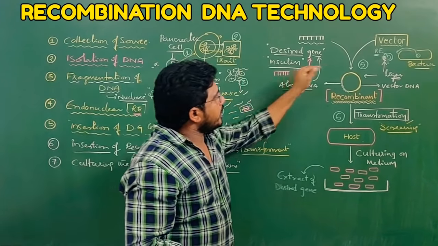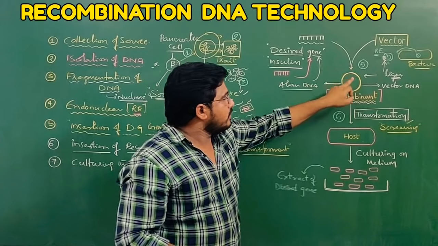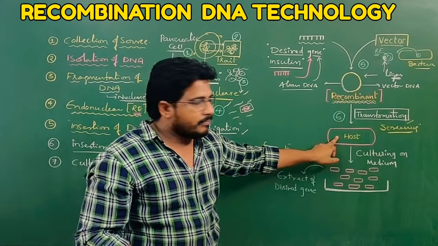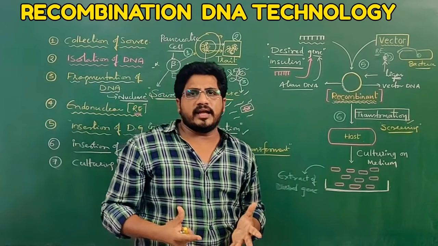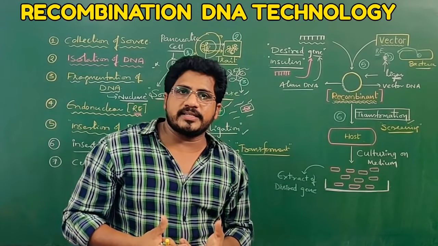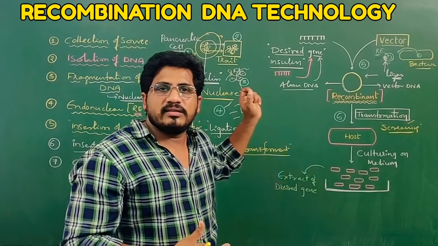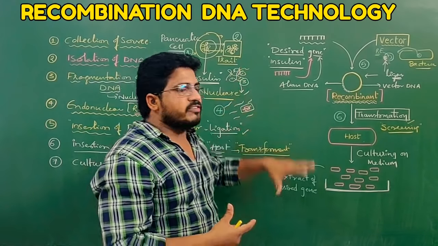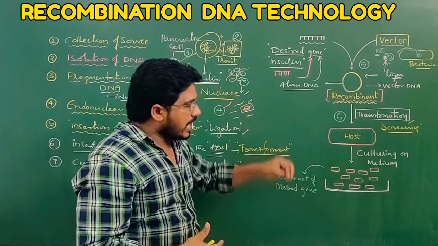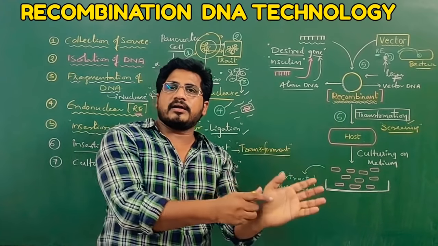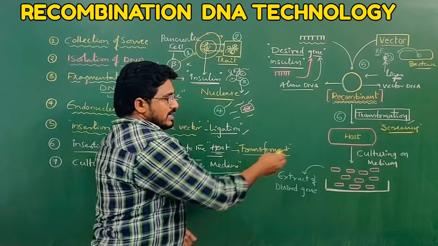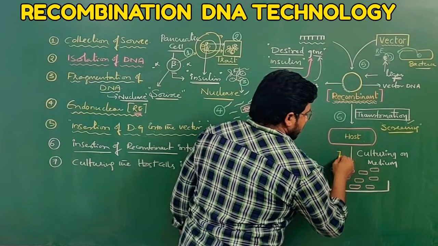If we insert one insulin gene into one plasmid, and that plasmid into one bacterium, after some time one bacterium becomes many bacteria. Many bacteria have many plasmids. Every plasmid has the insulin gene. So the number of genes will increase. For that we have to culture. Culture means letting bacteria grow in a particular nutritive medium. So this is step 7.